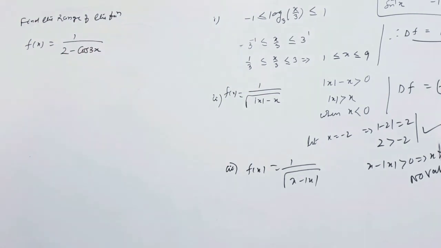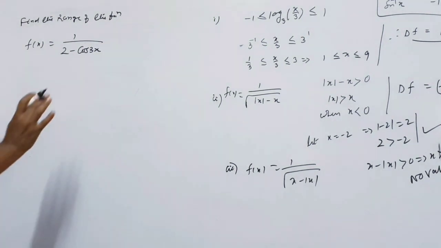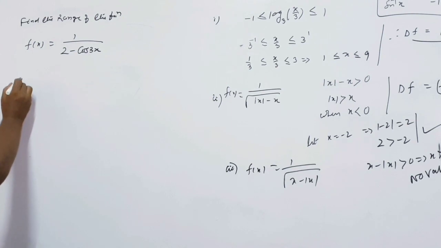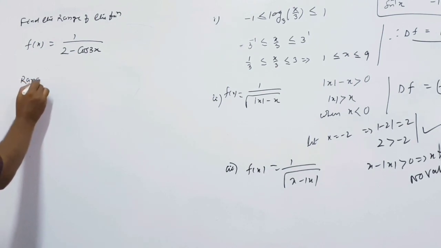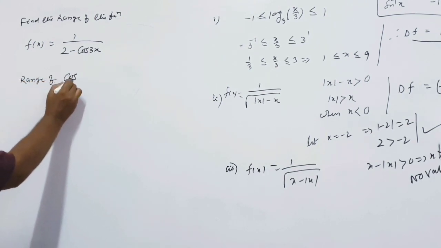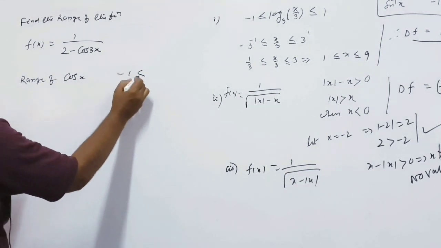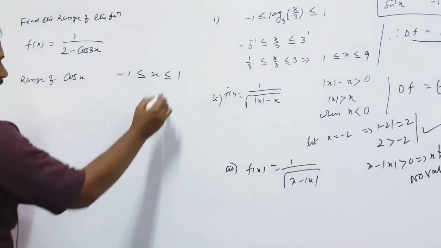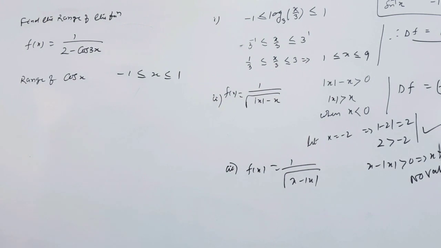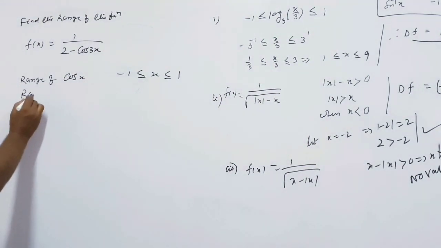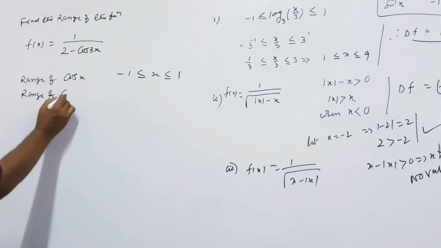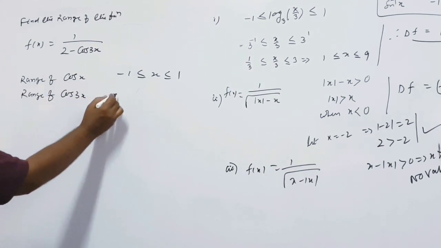So what is the range of cos x? Minus 1 is less than or equal to cos x is less than or equal to 1, because the maximum value is 1 and the minimum value is minus 1. Similarly, what is the range of cos 3x? The same interval.